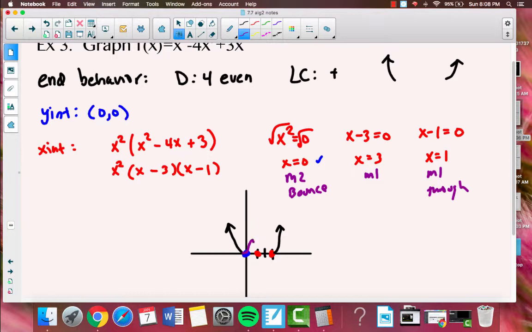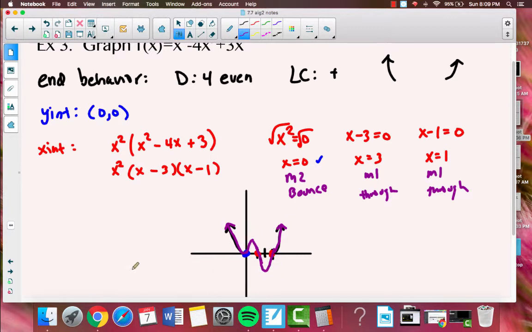So I turn my graph, hit x equals 1, and go through it. And then remember, at x equals 3, it has to go through as well. So I'm going to have to turn my graph and come back through at x equals 3. And then it goes up the rest of the way. So notice that my multiplicity helps me fill in to fit my end behavior as well.